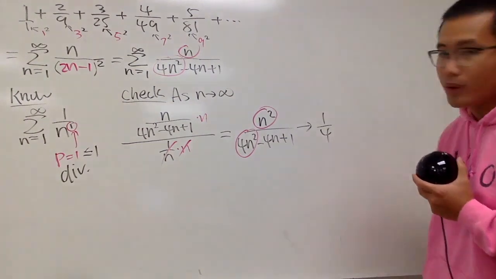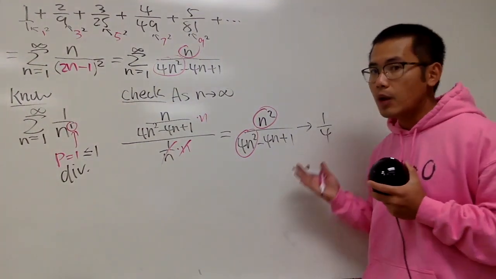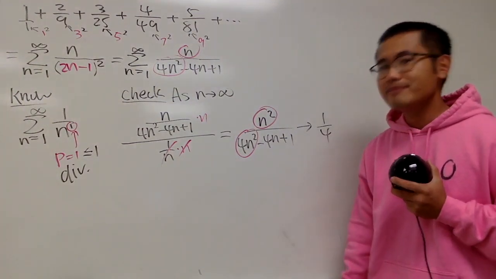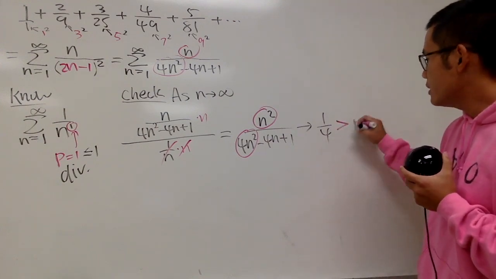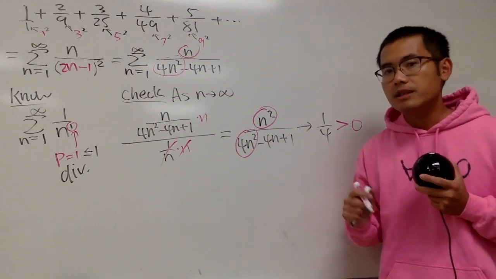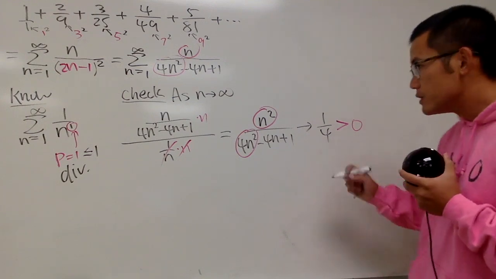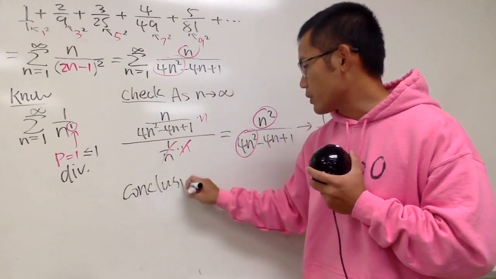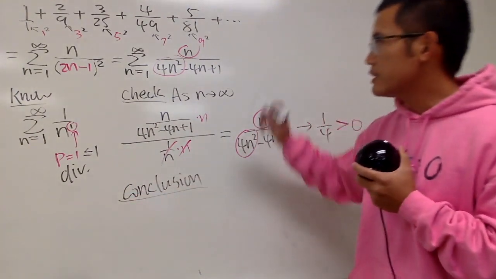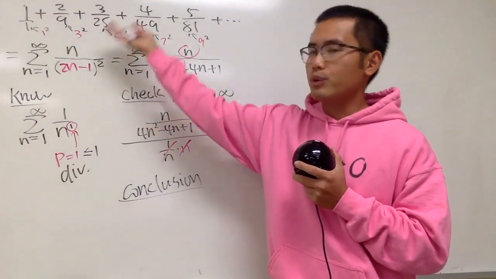Okay, can we use this result? Yes, and remember, you are looking at this limit and you have to say this is greater than 0 for the limit comparison test. Now, let's go ahead and put this down. Here is our conclusion. And the conclusion is the one that we are trying to do. You can put down whichever one that you want.